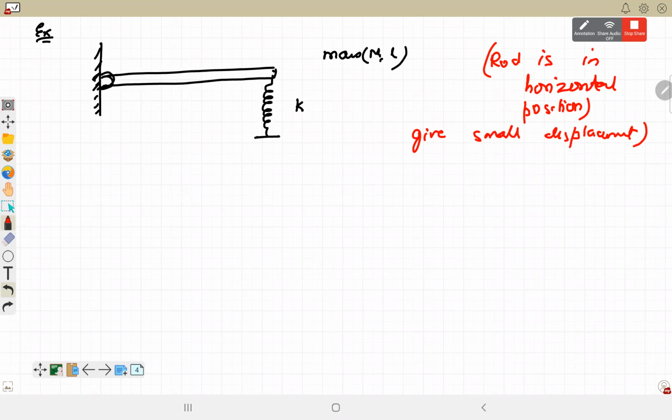Either we can consider this to be linear SHM, considering the spring is compressed by x, or we can consider it to be angular SHM for the rod which is rotating by an angle theta. So it will be linear as well as angular SHM. You can apply either of the two.